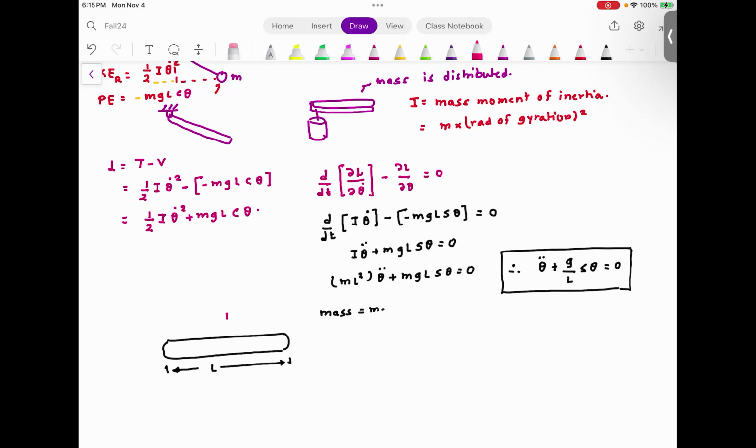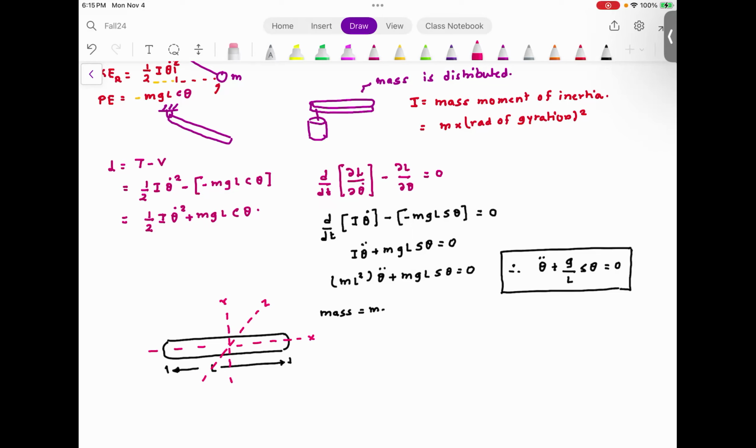If this is the x-axis and this is the y-axis, I am interested in finding the mass moment of inertia about the z-axis.